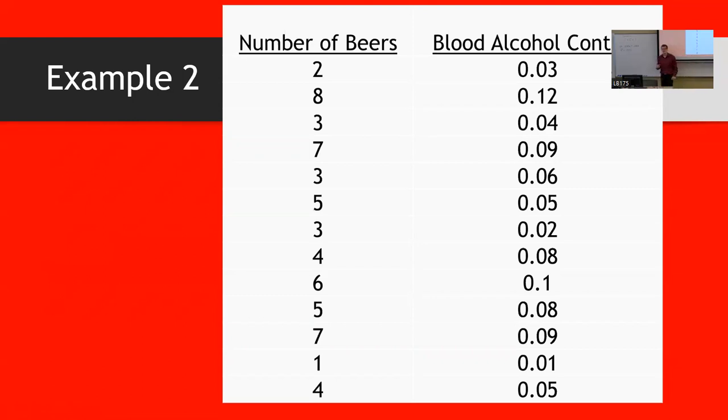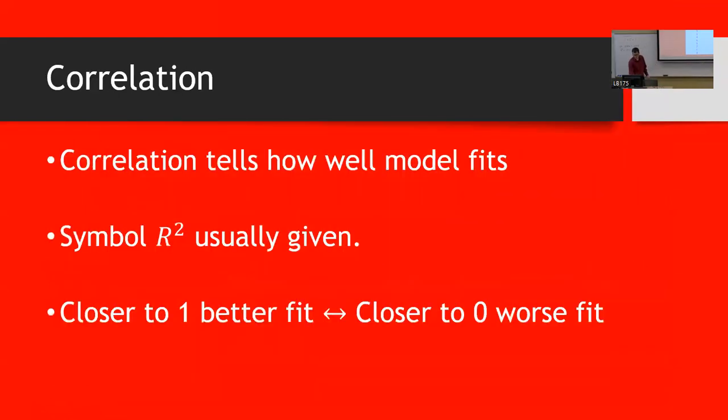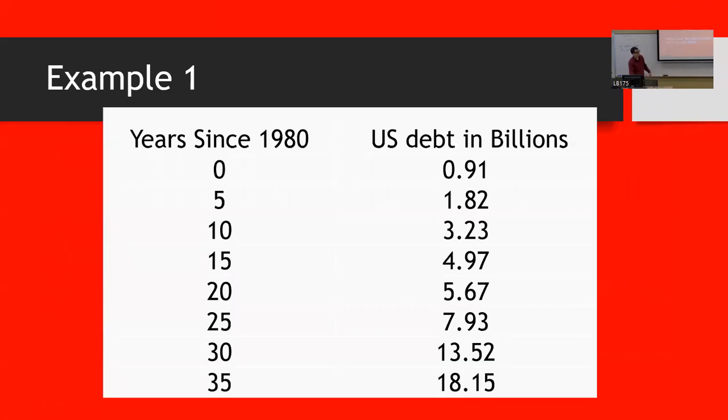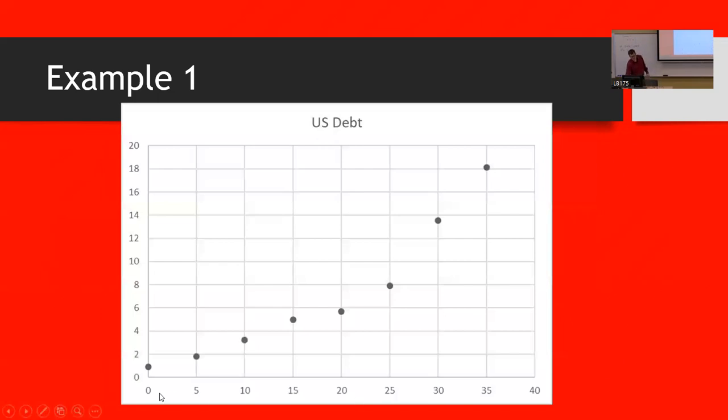And in our last example, when we were doing years since 1980 and US debt, I should say in trillions, not billions, since the years since 1980 were my X value, those got graphed on the X-axis.